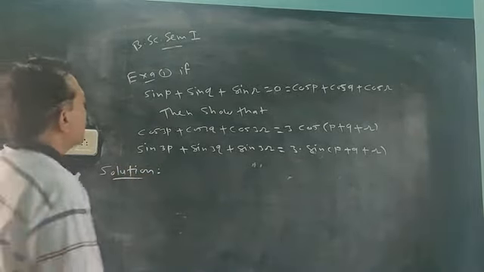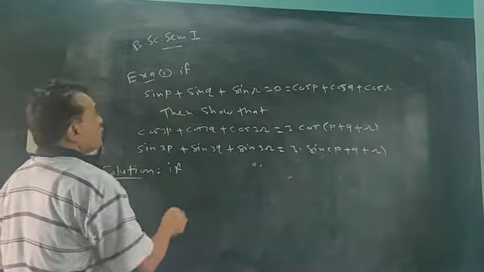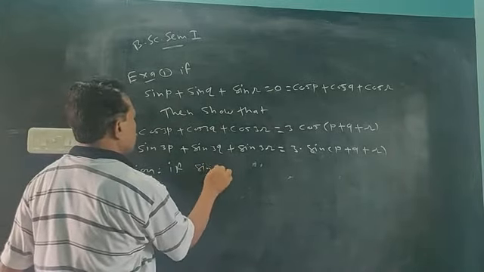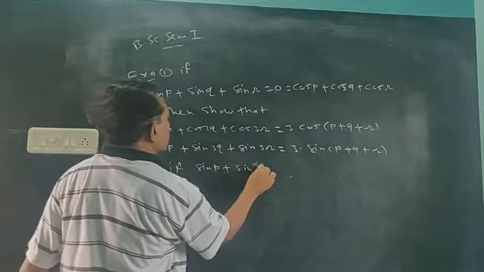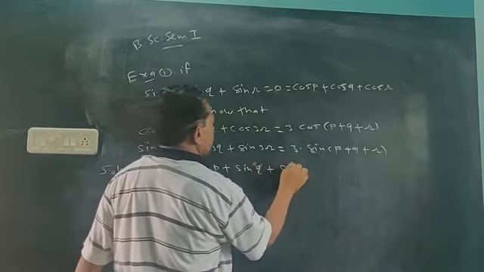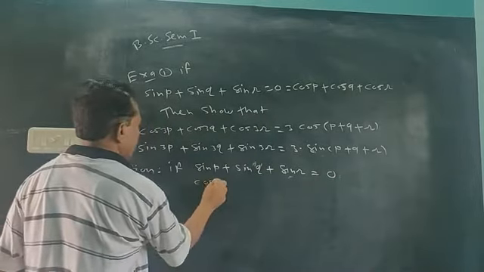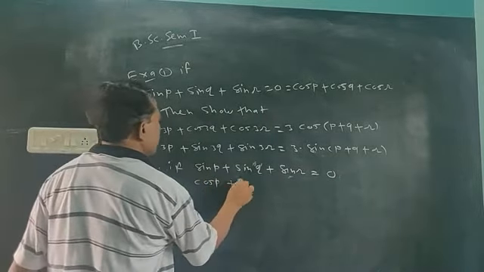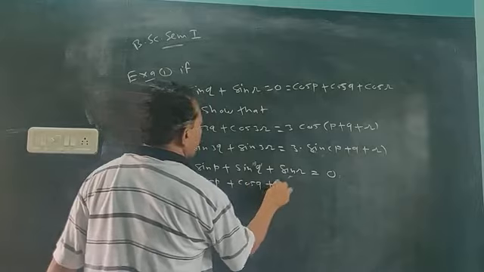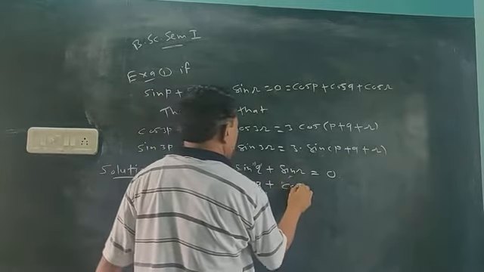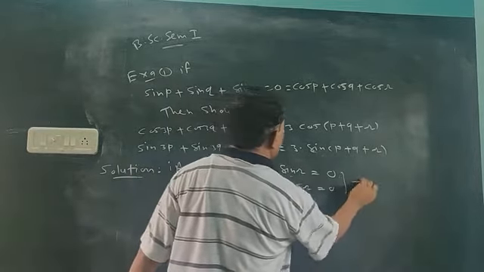Solution. So given to you, sin p plus sin q plus sin r equal to 0, similarly cos p plus cos q plus cos r equal to 0.